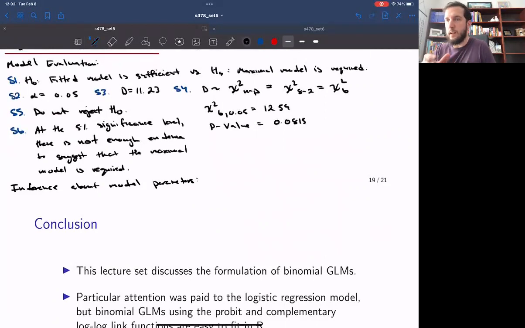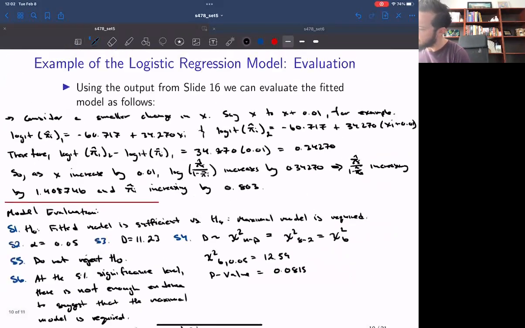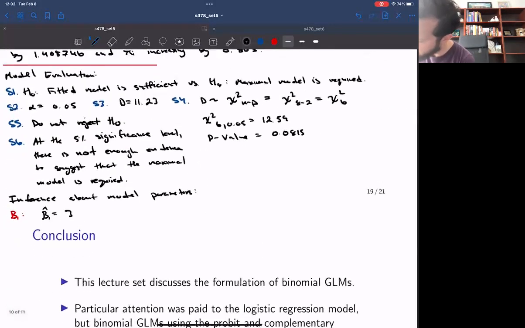So we can actually conduct inference about those parameters using the standard normal distribution. For example, let's look at beta 1. The idea for beta 0 would be very similar, but we'll just do it in the context of beta 1. For beta 1, we had beta 1 hat equal to 34.270.